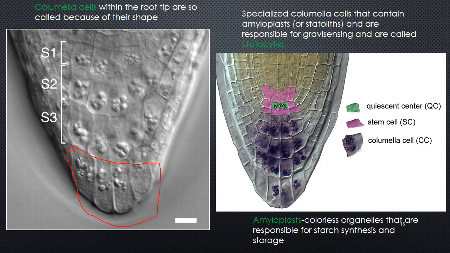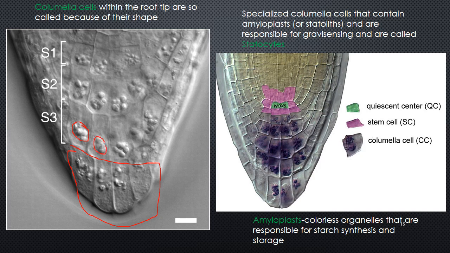But within the columella cells are special organelles called amyloplasts, or they're also called statoliths. And they're right here. And they don't have any color to them, but they are responsible for starch synthesis and storage. And so what they do is they store these very large starch grains, and you can see them in each of these cells.